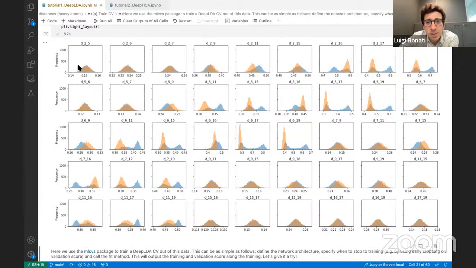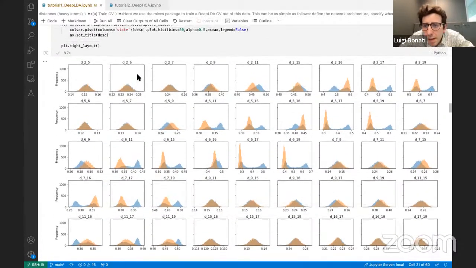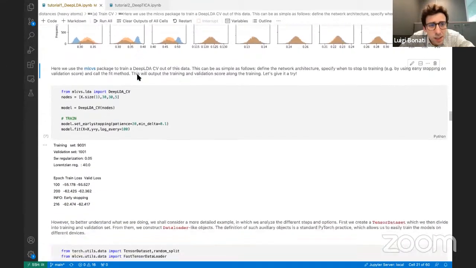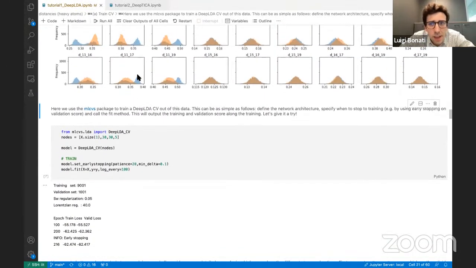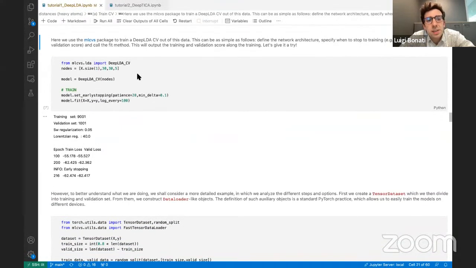As you can see here, these are histograms for all the 45 heavy atom distances, and there is not a single one from which we can say we are in state A or state B. So from this, what we can do is to train a DeepLDA CV.